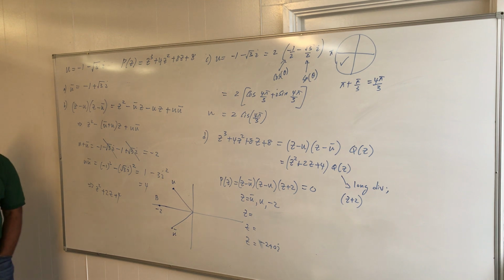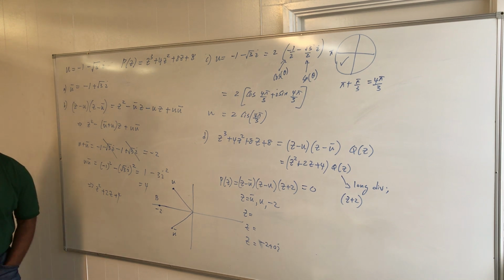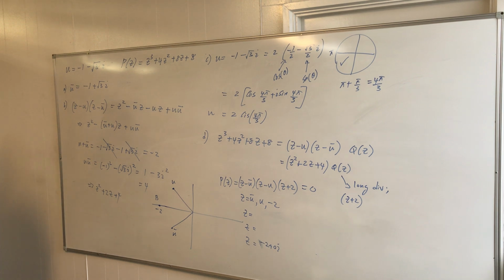It's not like that, right? Even without complex coefficients, like Z cubed is equal to 8, still you have that, right? Why? You understand? It's a very good question.